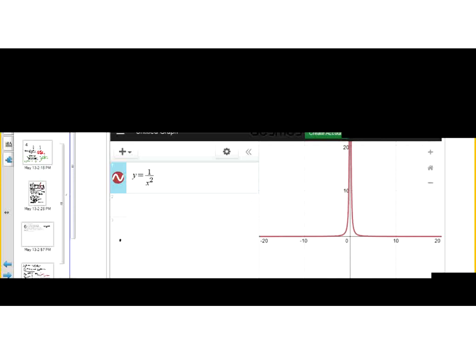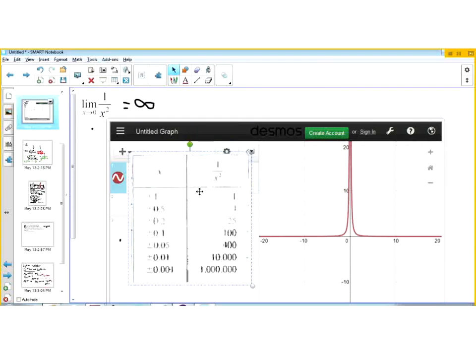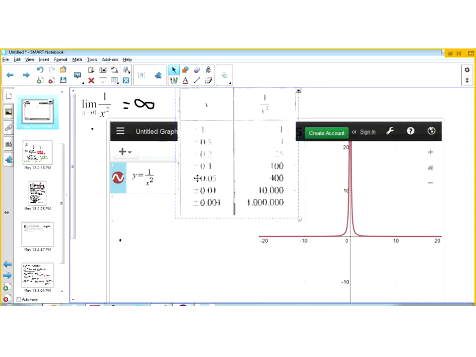Let's plug in some values. So here's a table for 1 over x squared. And look, as x gets smaller and smaller from either direction on either side of 0, look at the output. It grows very, very large.